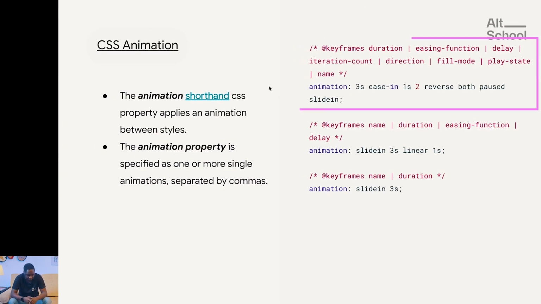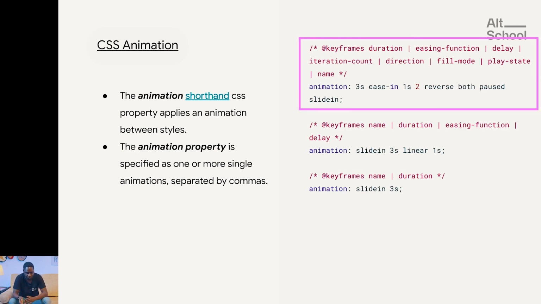Anyway, the first one is the keyframe duration, so 3 seconds. Then the ease-in function, and then we have 1s, which is the delay. Then we have the iteration count: how many times do you want this animation to occur? That is 2. Which direction do you want this animation to go?